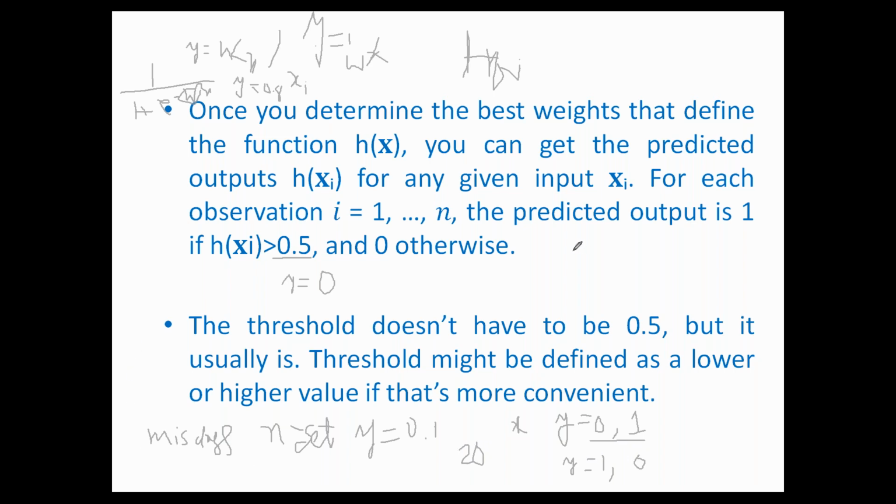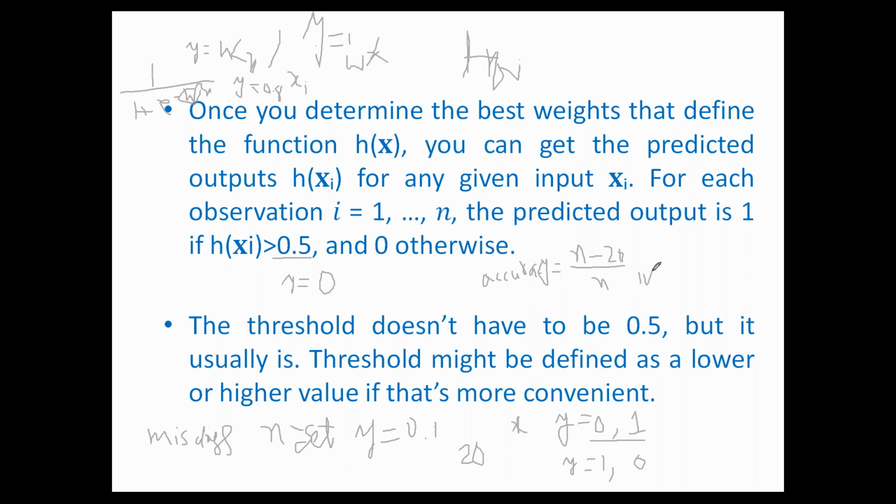Then accuracy is (n minus 20) by n. This is called the accuracy in the case of classification. This is how you will calculate the accuracy.